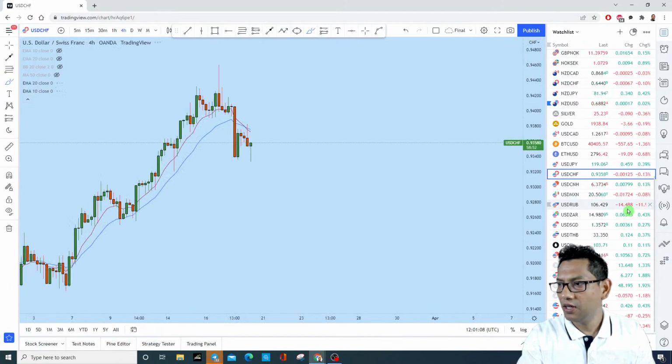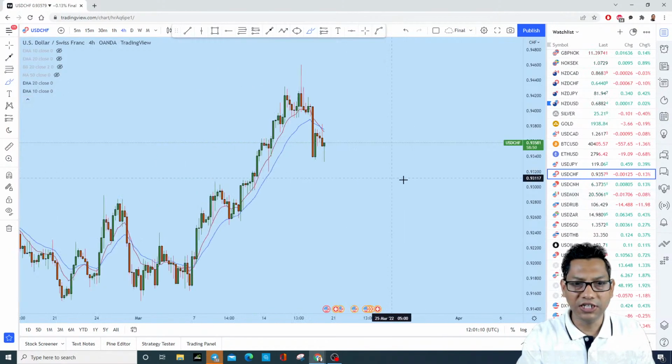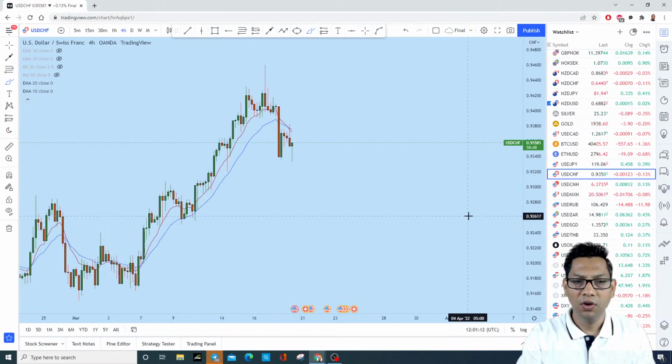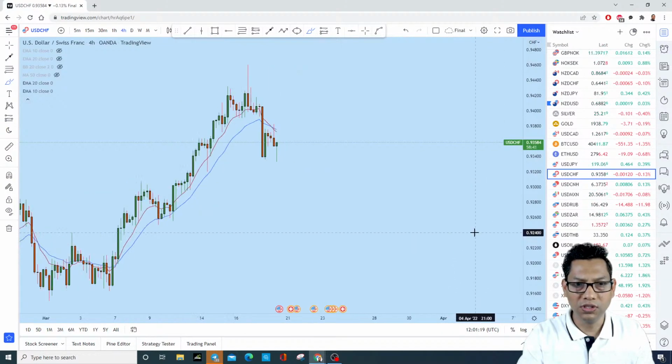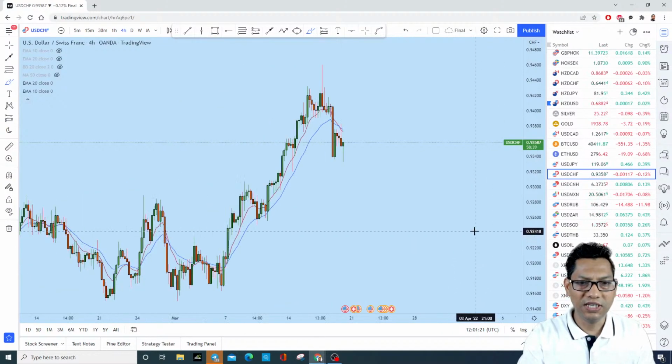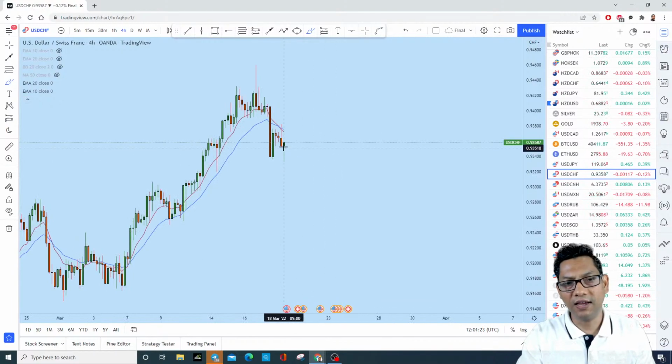So let's see USD CHF. We see that the current 4-hour candle, with 1 hour to go before it closes, looks like the price is now pushing up.